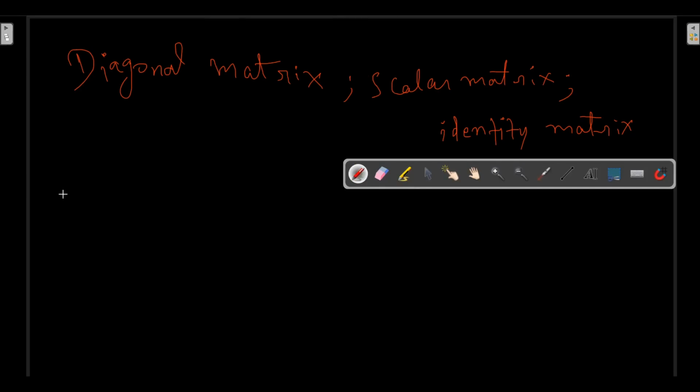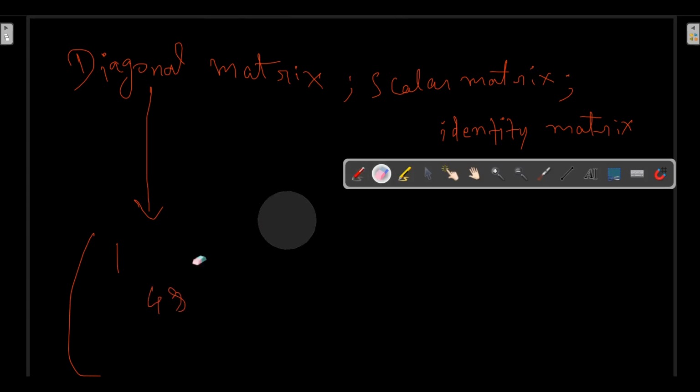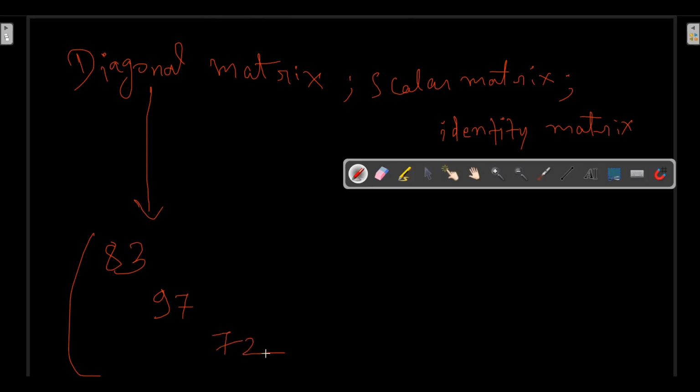Have a look. Take an example of diagonal matrix. Let us take a different example, something which is interesting. Now what is a diagonal matrix?